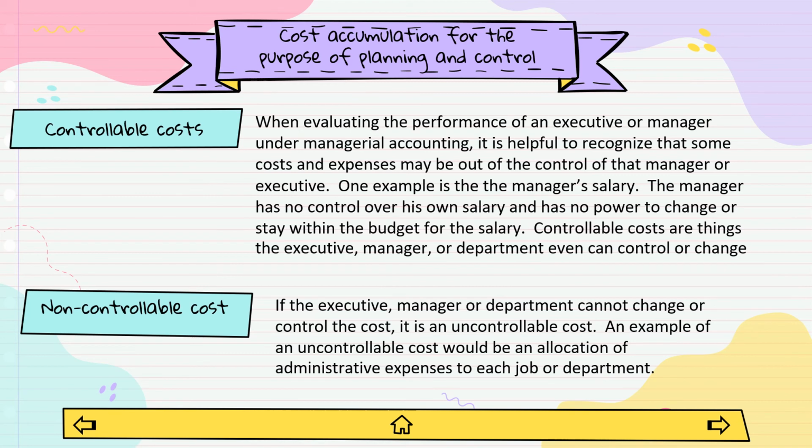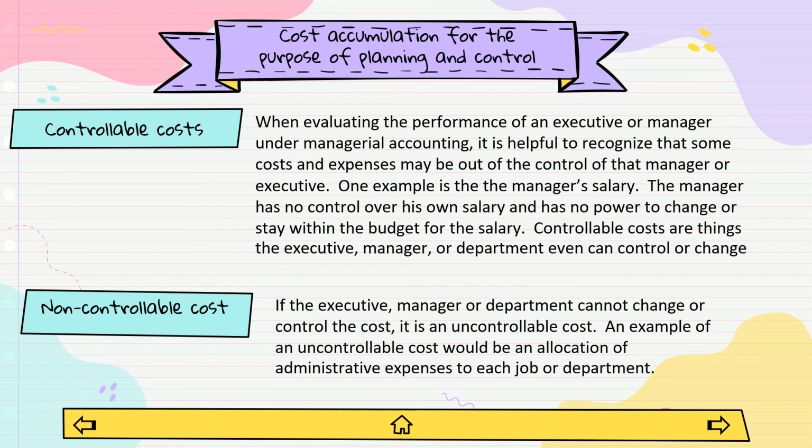So, cost accumulation for the purpose of planning and control. As we know, any organization has its own risks. There are things that we can control and things we cannot control, and it is the same with cost accumulation. So what is controllable cost?